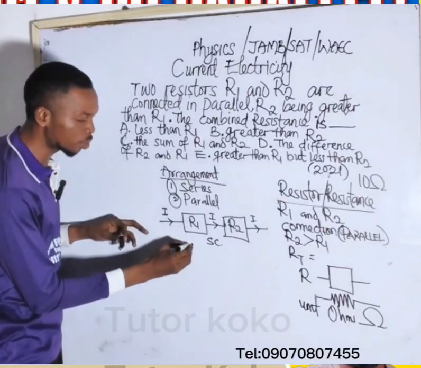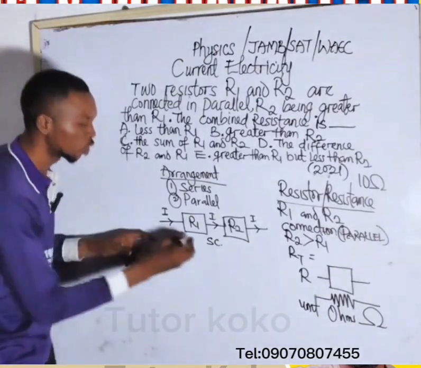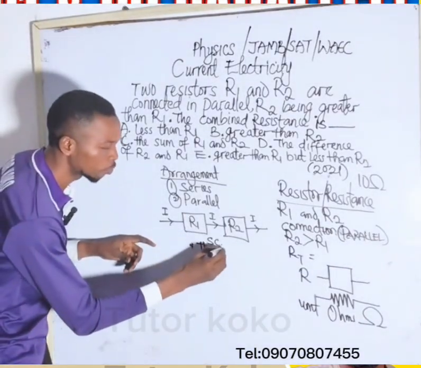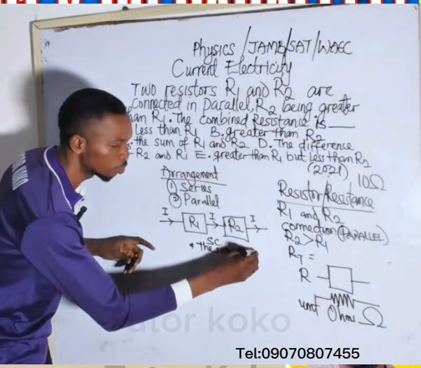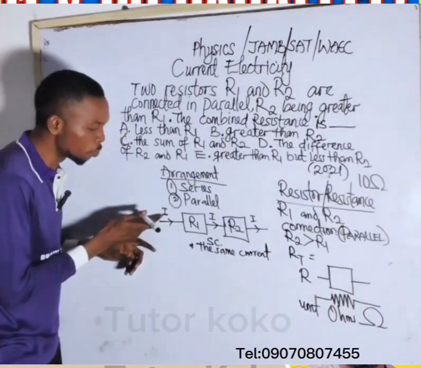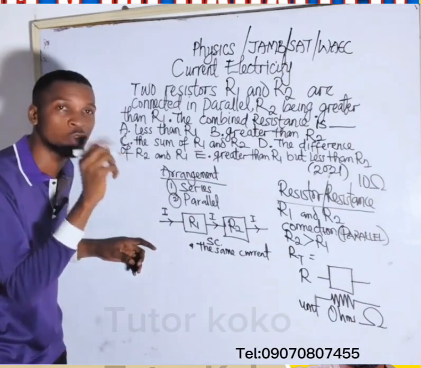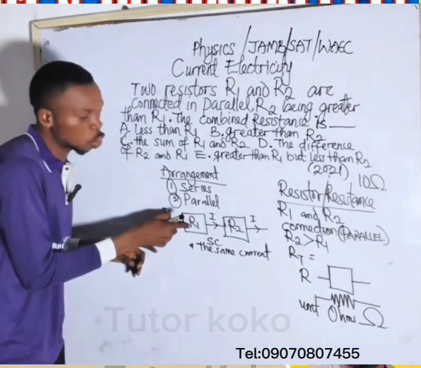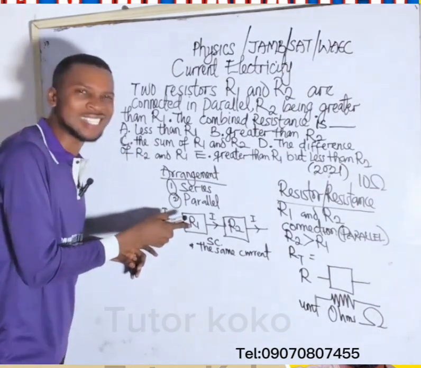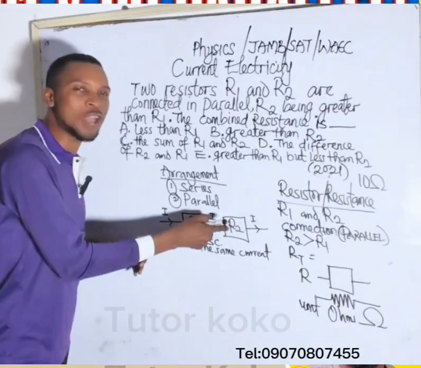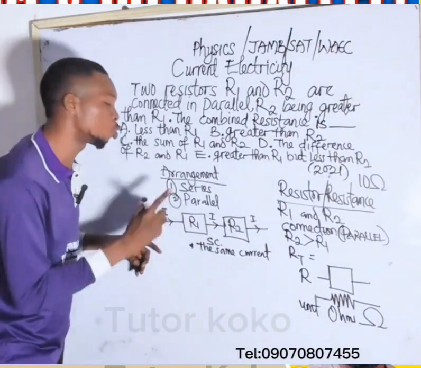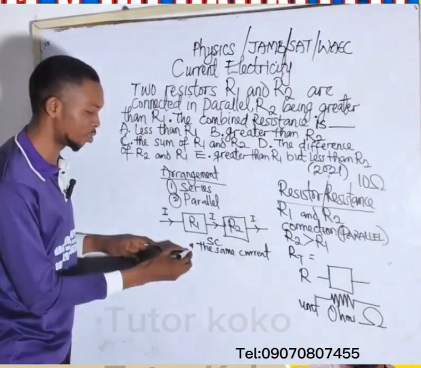What you should know about series arrangement: number one, the same current will flow through each of the resistors. If the current flowing in the circuit is 0.5, that means 0.5 current will flow through resistor 1, and 0.5 current will flow through resistor 2 if they are connected in series.